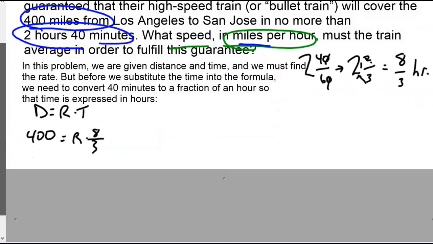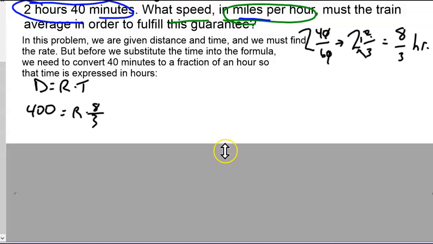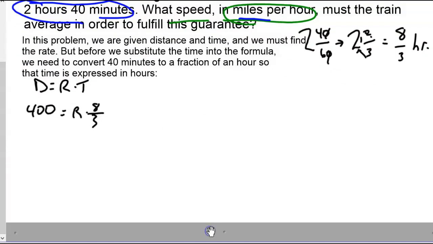Now, we're going to go back to what we've done before, and that is isolate the variable. In this case, we're going to isolate the variable R, and we look at it's being multiplied by 8/3. In any of these problems, remember the trick is to do the opposite operation. So if 8/3 is being multiplied by R, then what we need to do is divide by 8/3, and of course, what we do to one side, we have to do to the other.